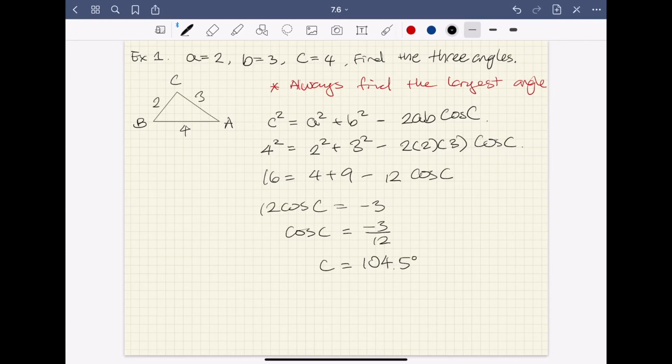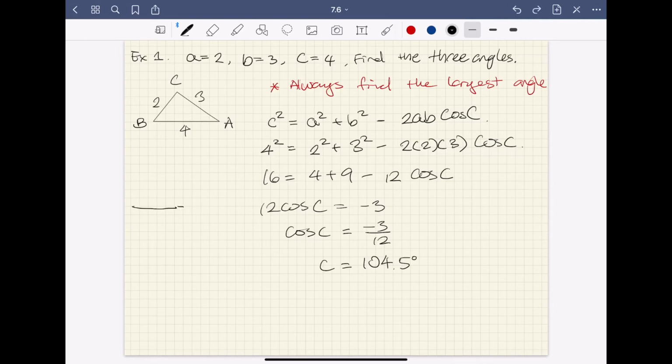and angle B using the sine law, because now you would have angle side angle, which is a case for the sine law. So let's find angle B first then.